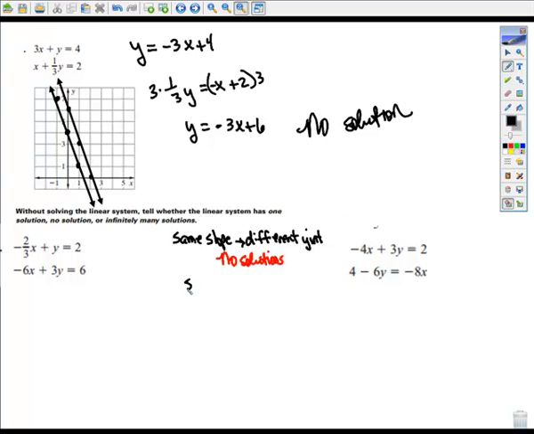If they have the same slope, same y-intercept, they have infinitely many solutions.